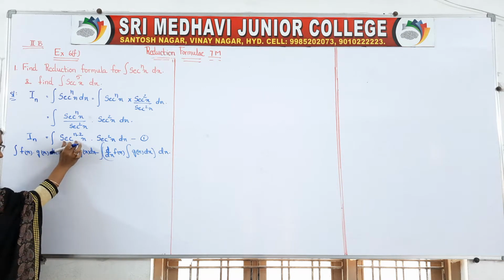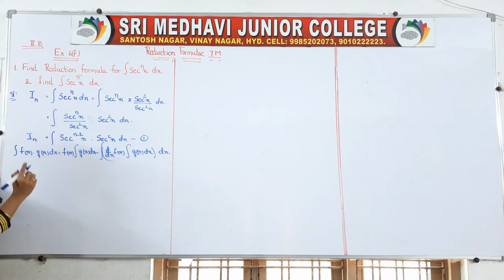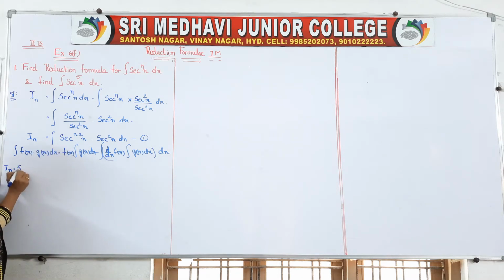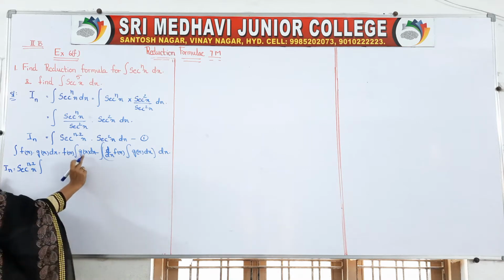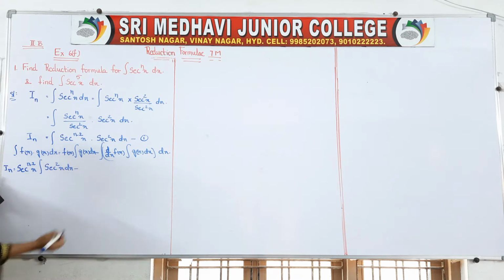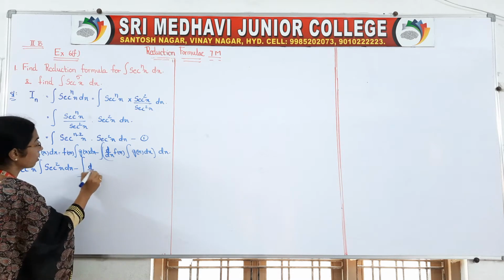You consider this as f of x, this as g of x. So now your I n is equal to integral of, first we will get f of x. F of x means this one. So it is secant to the power of n minus 2 x, integral g of x dx is secant square x dx, minus a big integral, right, d by dx of f of x.